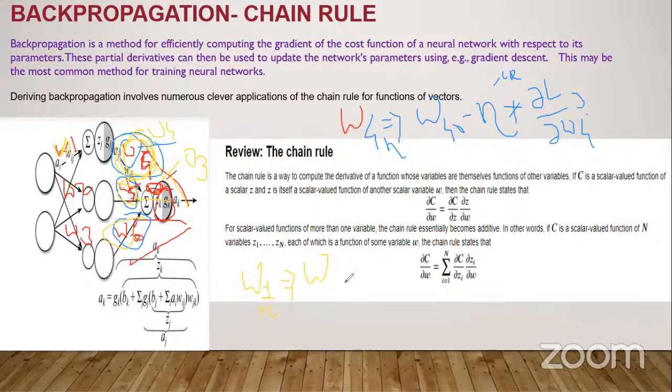It will depend on the old weight, right? W1 old minus learning rate into the differentiation, the slope with respect to W1. What I can see is that this entire product depends on W4 and W3.